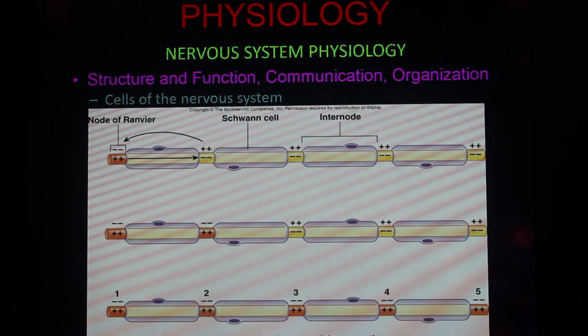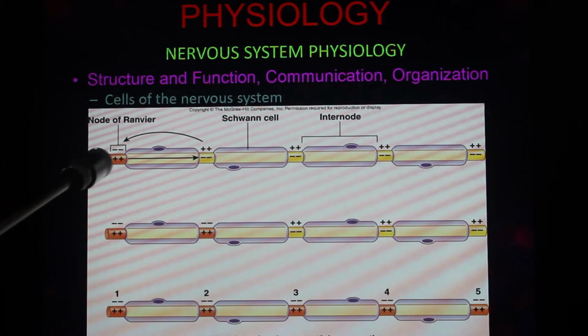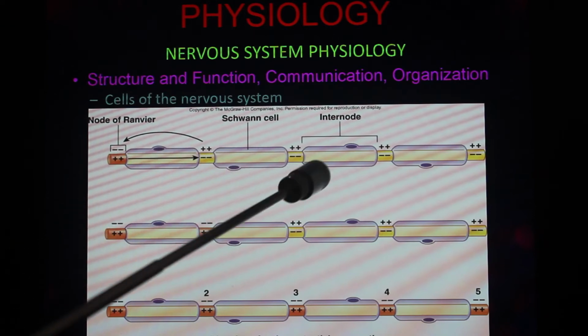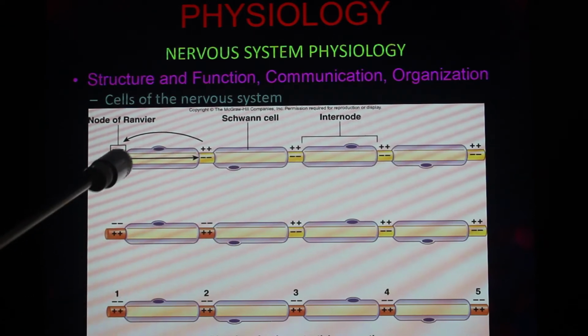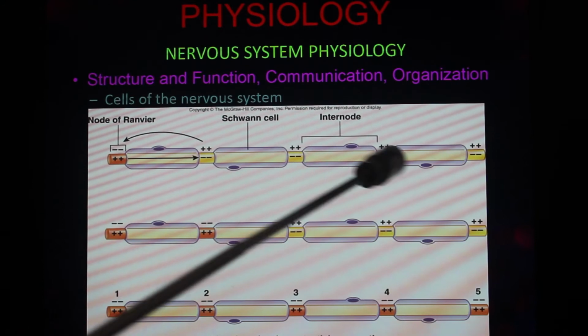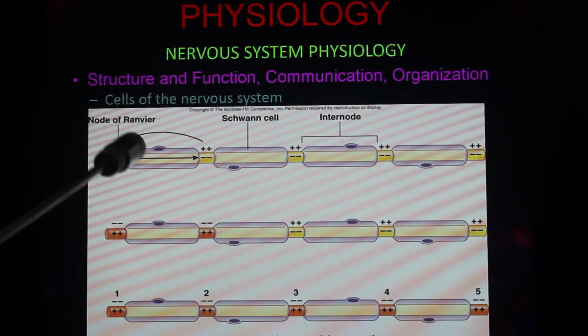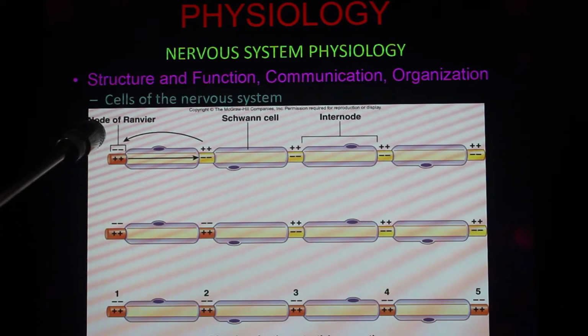Now, when an impulse is started by the nerve cell and comes to the axon in a myelinated axon, the nodes of Ranvier, which are the unsheathed parts of the axon, become positive inside and negative outside.